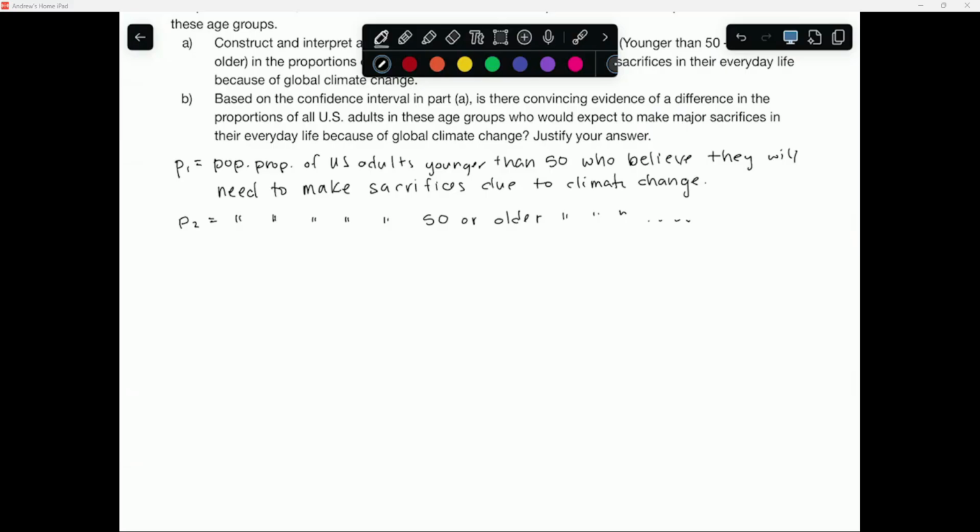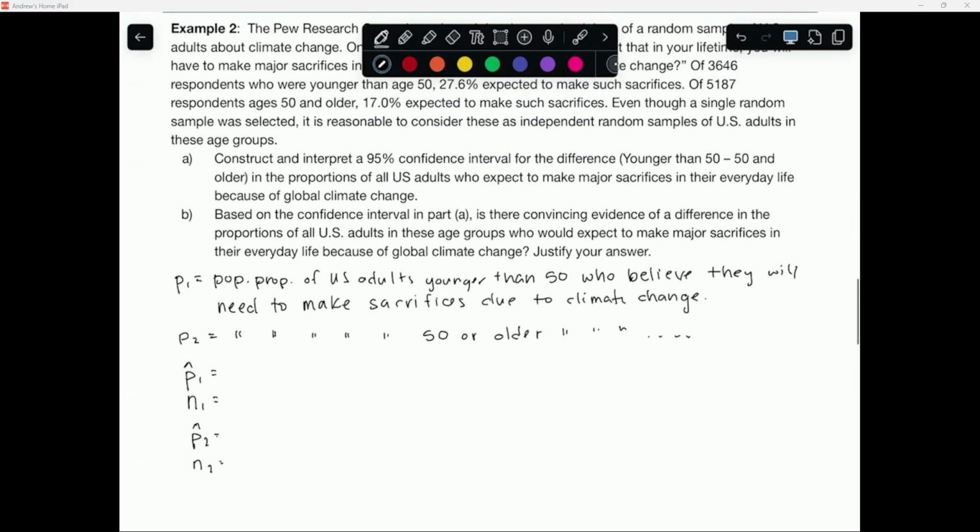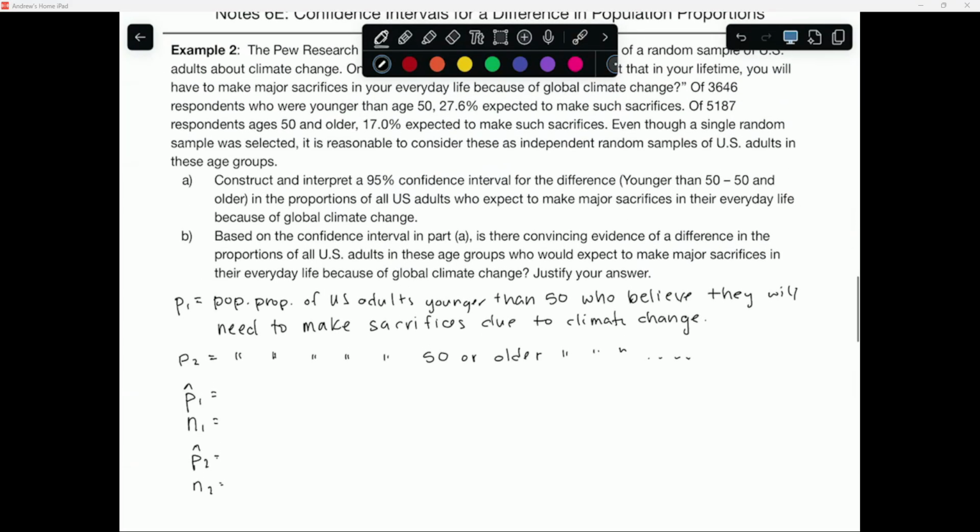I need to identify the information I was given, and in this case I was given sample proportions. I was given a p hat 1 and an n1, and a p hat 2 and an n2. And we'll go ahead and write these here. So younger than 50, we had a proportion of 0.276 and a sample size of 3646.